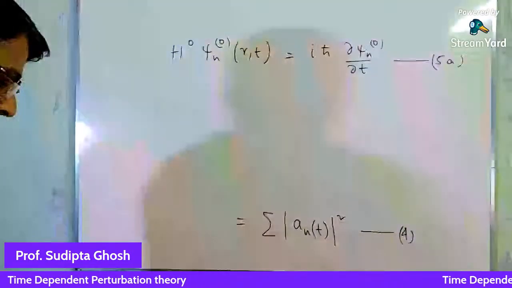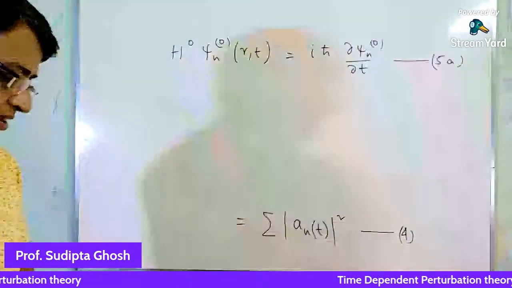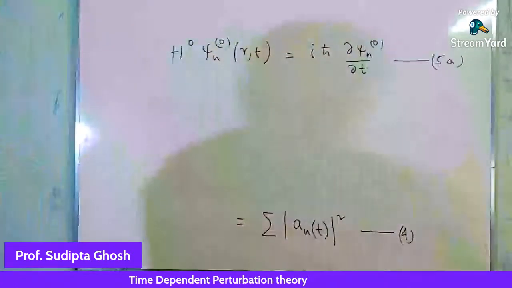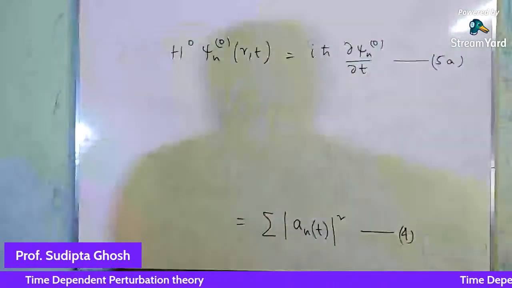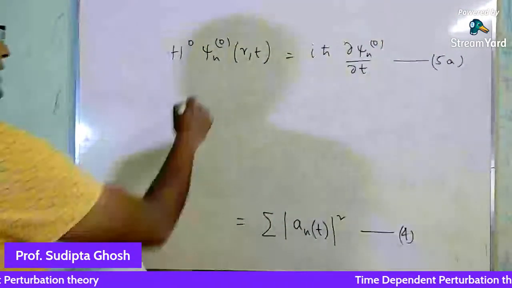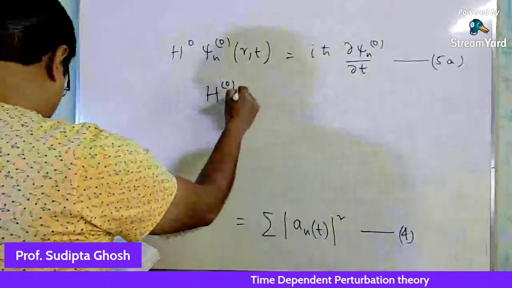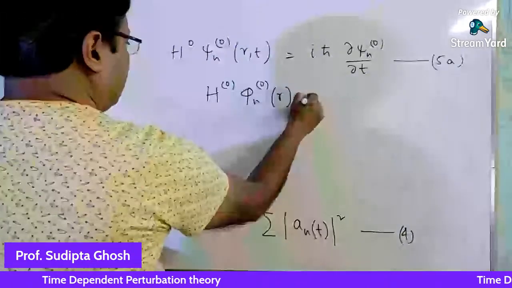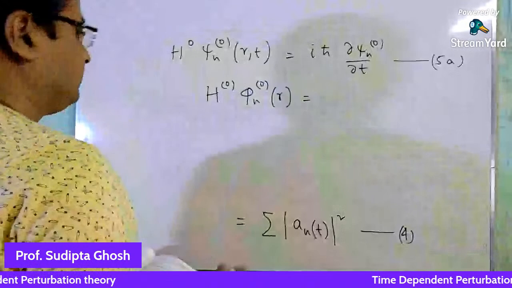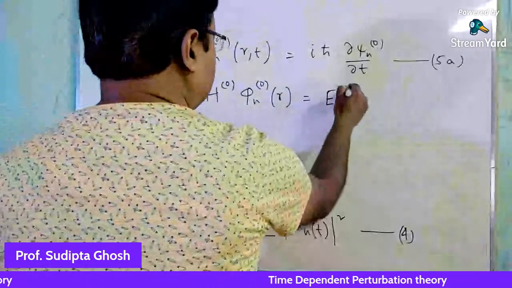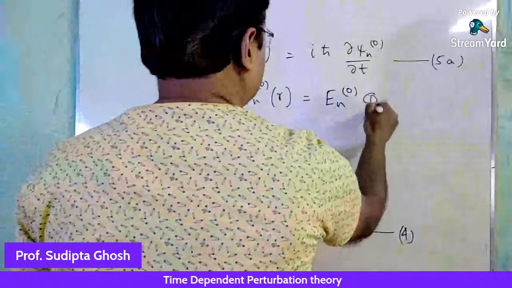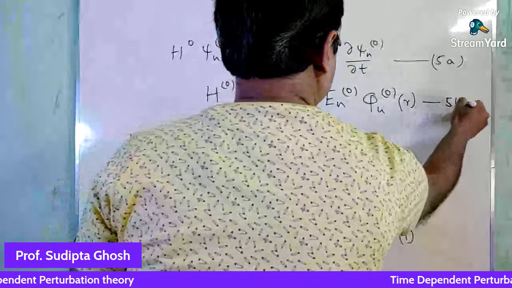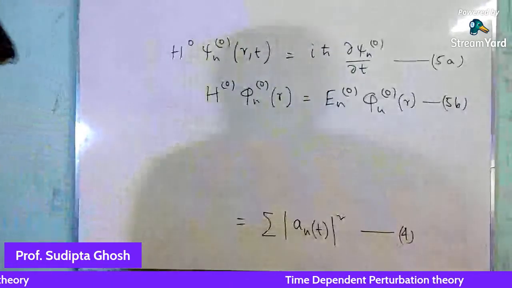Phi n0 of r and en0 denote the eigenfunction and eigenvalue respectively of the time independent Hamiltonian H0, so H0 phi n0 of r equals the energy eigenvalue en0 times phi n0 of r, and let this be equation 5b.